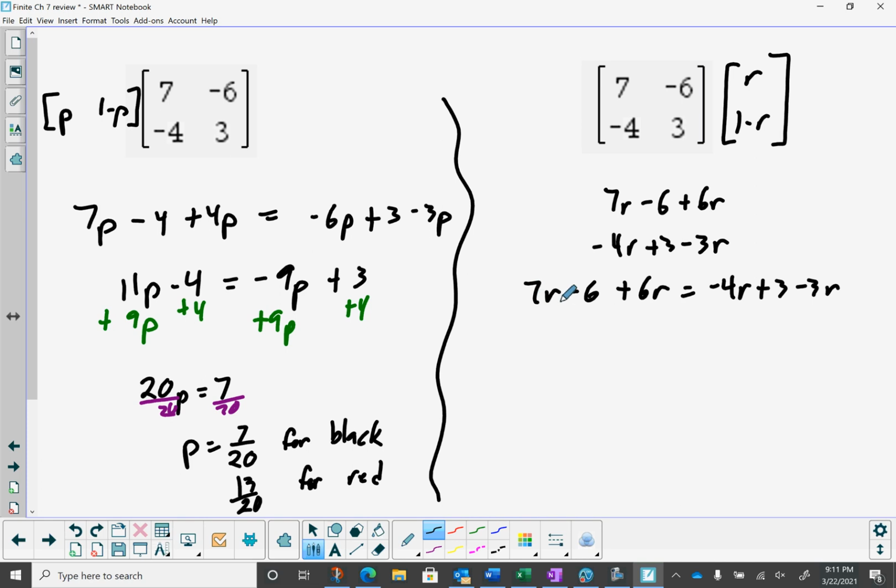Combine like terms, 7R and 6R. Negative 4 and negative 3.